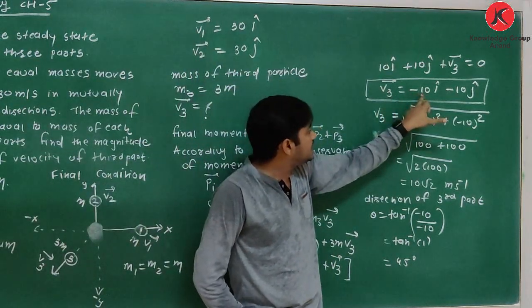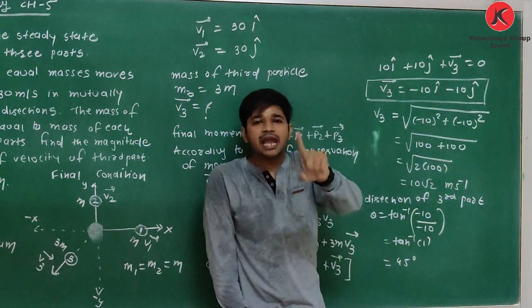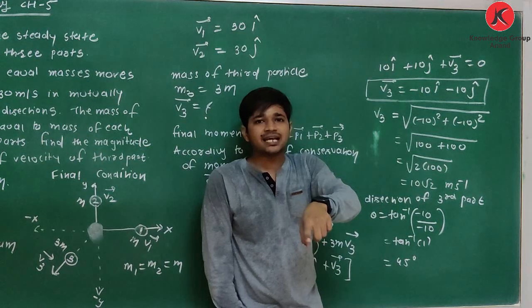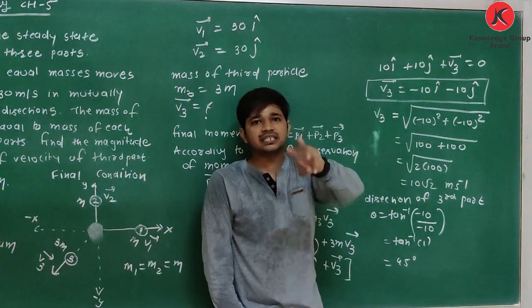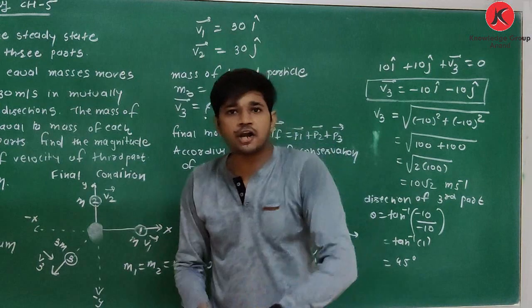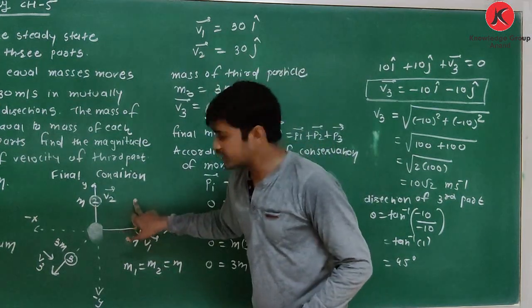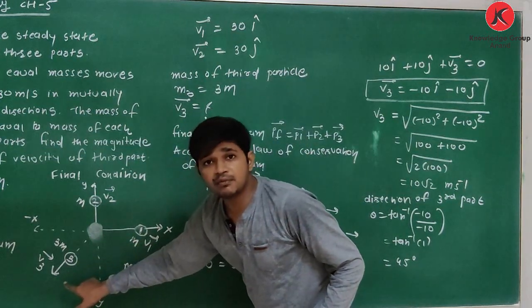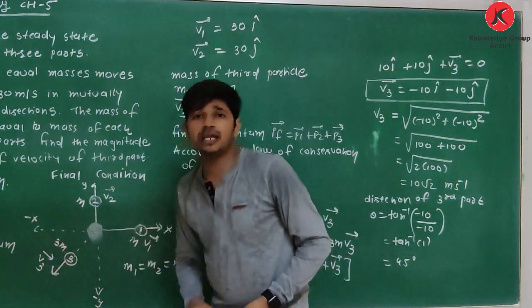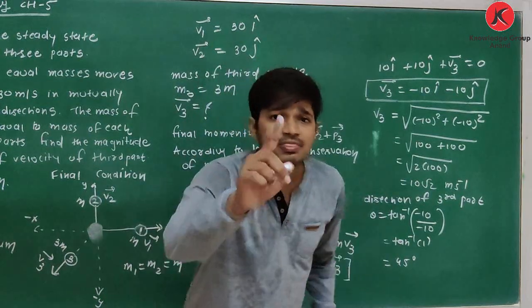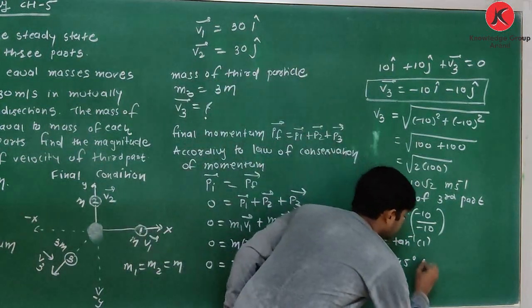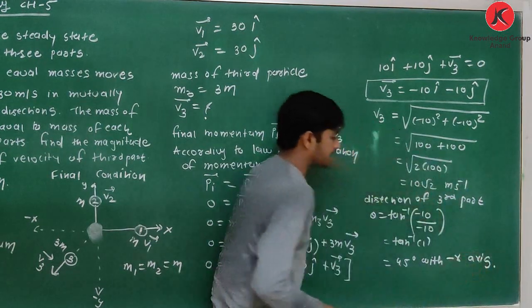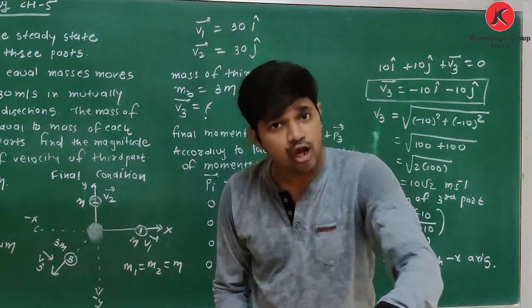V3 is equal to minus 10i minus 10j. X component is negative, Y component is negative, both components are negative, which means velocity is in the third quadrant. See this figure: first quadrant, second, third and fourth. In the third quadrant, it makes an angle with the negative x-axis. So this 45 degree is with the negative x-axis.